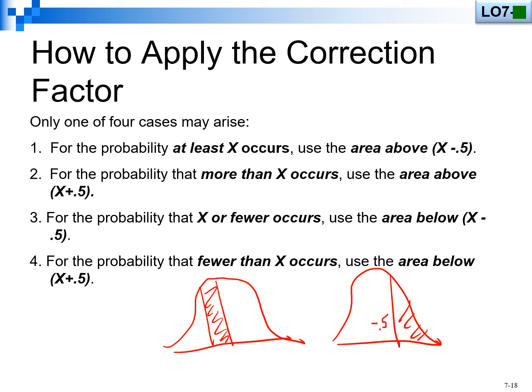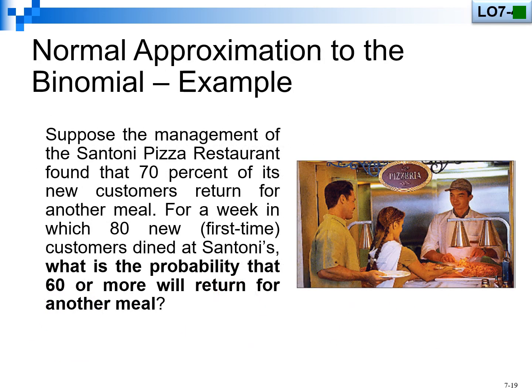If we were going, for example, to the left, we're going to add 0.5 because we want to be always just outside of that area. So again, I'm not trying to confuse you. I hope if you go by visual, sometimes it's easier to remember than just trying to go over these rules. And of course, I'll give you some other illustrations when we get to the applications of how to actually do it. So notice in this case, we're going to do a binomial application.